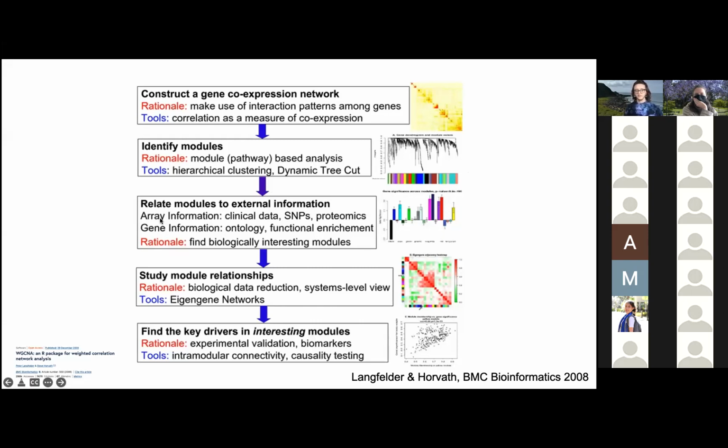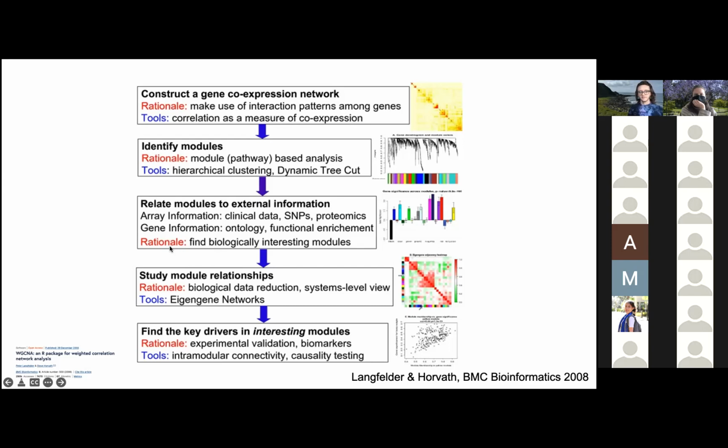The next thing in the WGCNA workflow is to figure out what these modules are. Because this is an unbiased approach, we have to determine what the functional role of each module is. This is done using enrichment analysis and correlation with different clinical data or other types of omics.